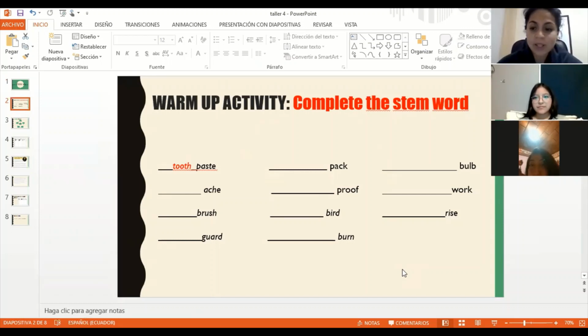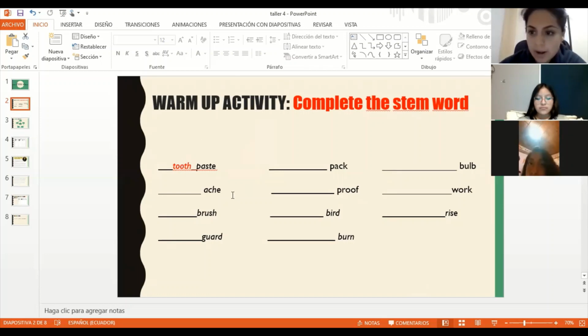So today we're going to learn new things, all right? So we have a warm-up activity. You guys see on the screen a bunch of words. In this activity, we have to complete the stem word. So you guys could see, for example, in the first example, I have the word paste, but the stem word is tooth, right?